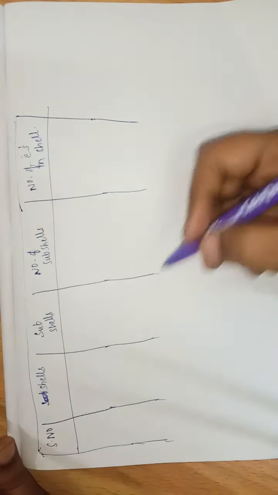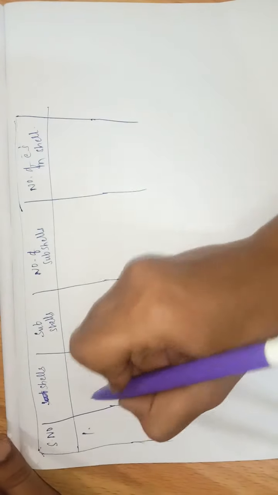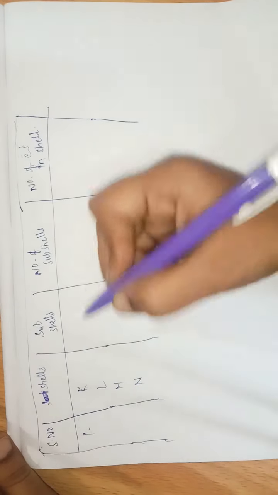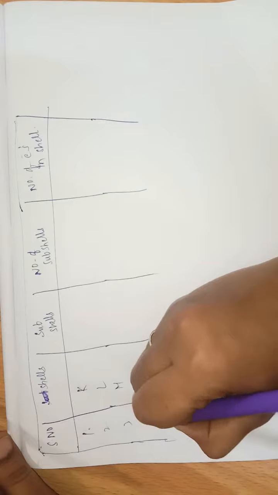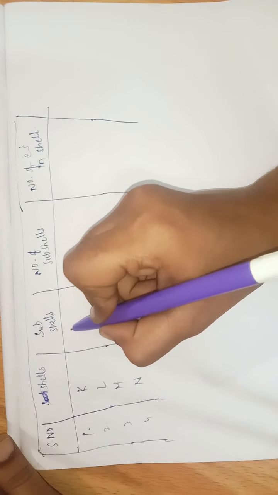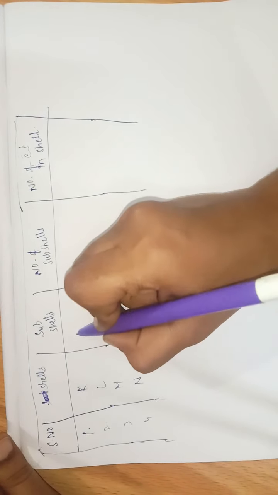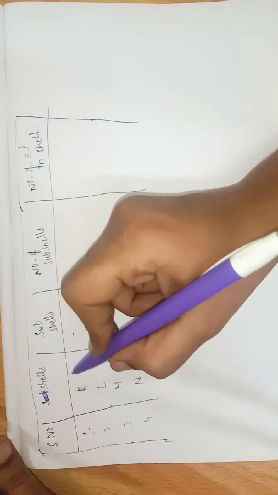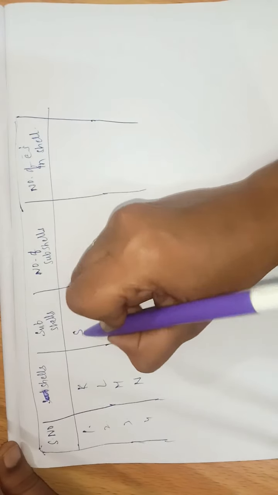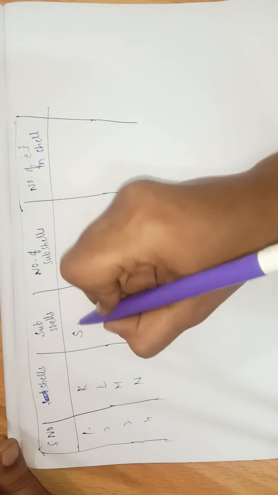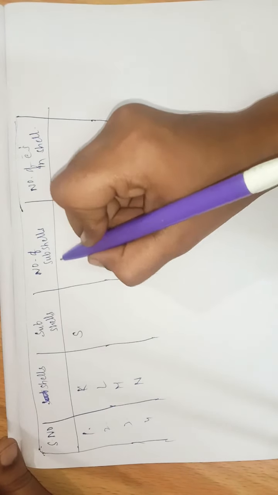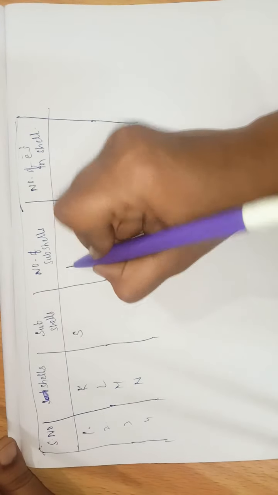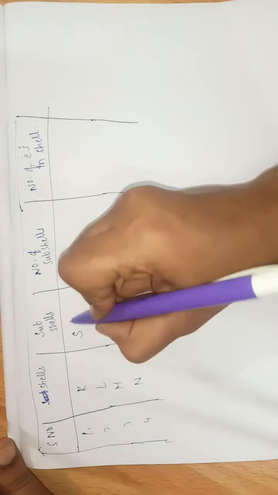First, the shells K, L, M, N, which are 1, 2, 3 and 4. Subshells: the first shell has the s orbital, and the number of subshells here is 1.